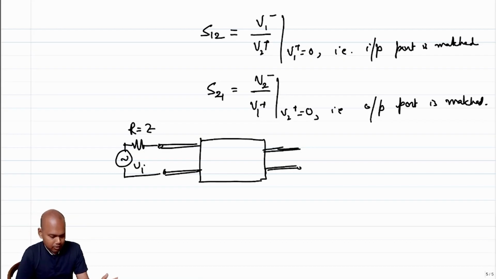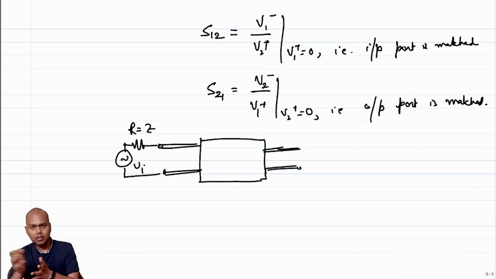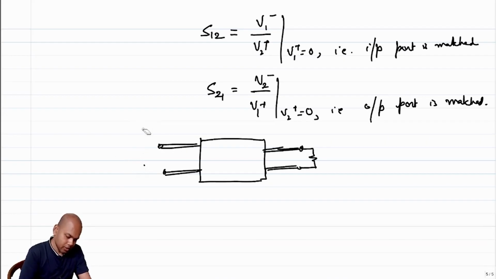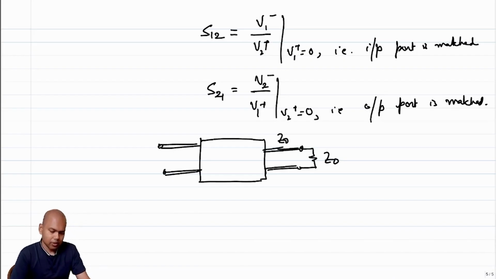By the way, since we are talking about matched interfaces, the assumption is that the input also has a resistance associated with it, which is matched to the characteristic impedance, right? So let me do one step at a time. So terminate the output port with Z0, right? So this setup can be used to characterize.